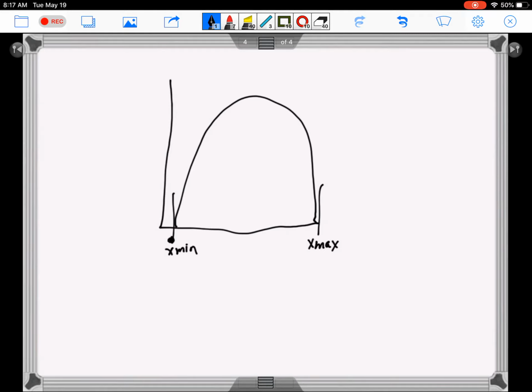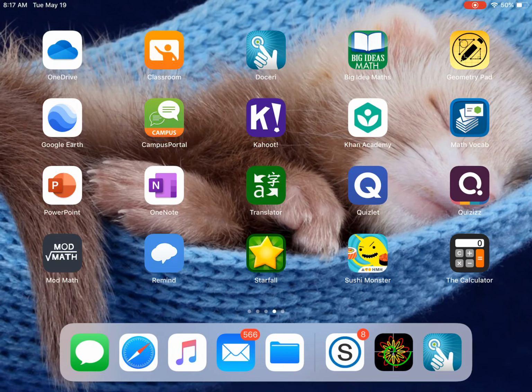You should be able to see the full curve in between there. Right now what we have is this, which means the x-max is somewhere out here. So we just have to give it a bigger number. Okay, so let's go back to the calculator and see what we can do about that.